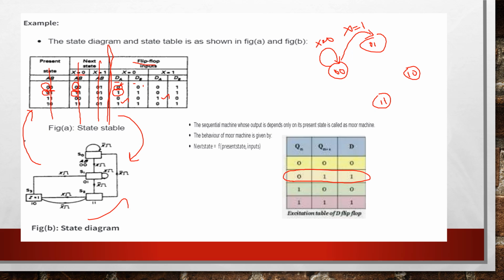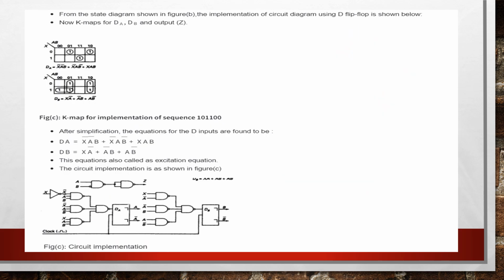Then we take the present state B value and the next state B value when x equal to 1, to fill this part. We fill this table using the excitation table of the D flip-flop.